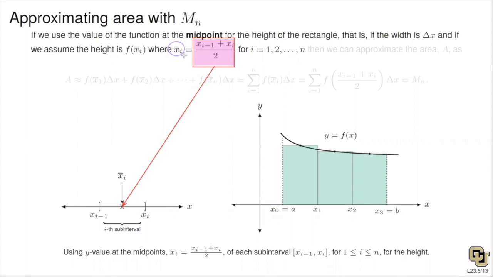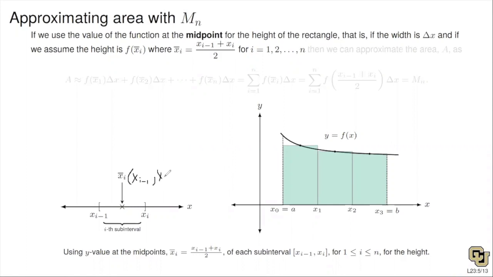Really, we should think about the midpoint in terms of the original partitioning variables, x sub i minus 1 and x sub i. This x sub i bar is actually a function. It would be more appropriate to write x sub i bar as a function of x sub i minus 1, the left endpoint, and x sub i.